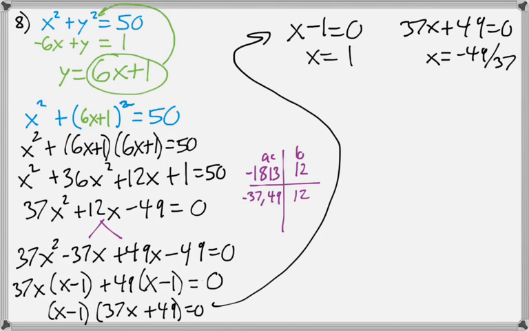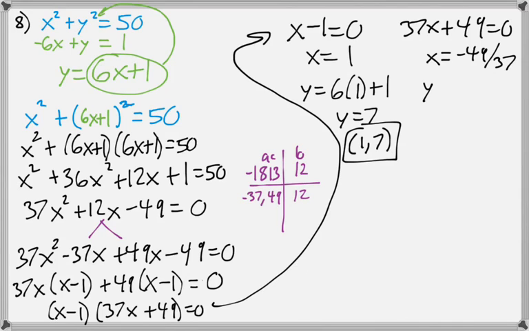So now I need to get the y-coordinate to each of these corresponding x-coordinates. So I'm going to plug them into this one. So y is equal to 6 times 1 plus 1, so y is equal to 7. So 1, 7 will be one of our points.